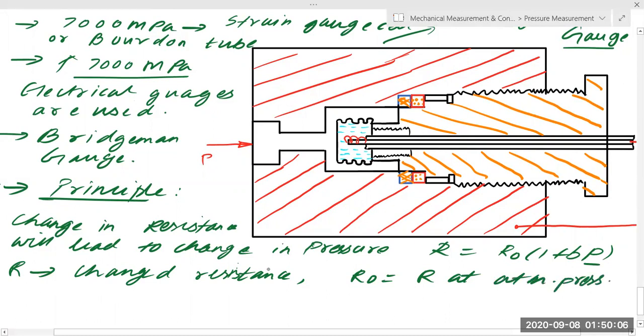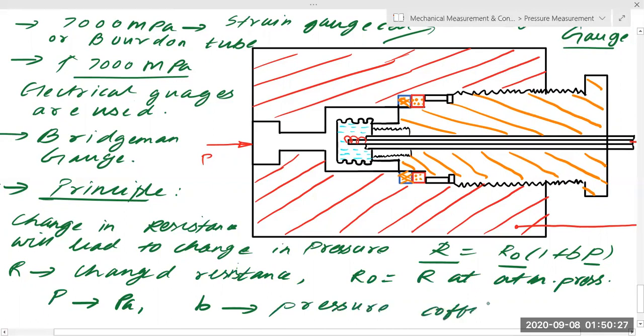Since both R and R naught should have the same unit on either side, if the pressure unit is Pascal, then B, which is nothing but a pressure coefficient, should have a unit of 1 upon Pascal, or Pascal inverse.